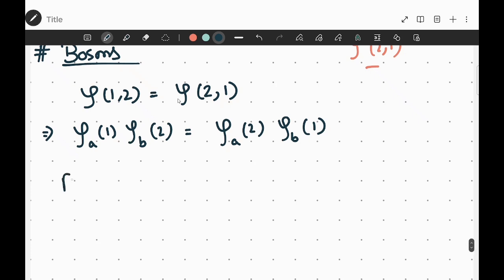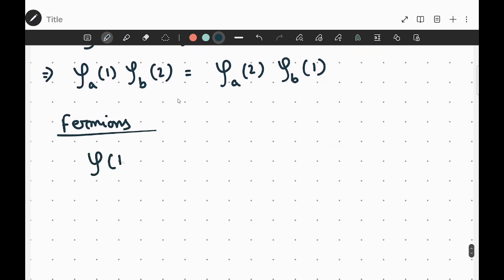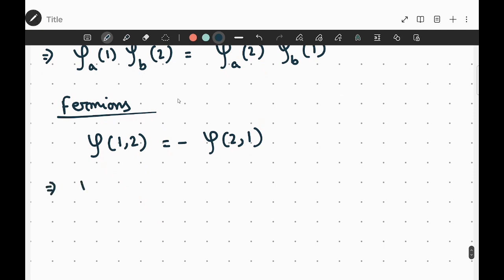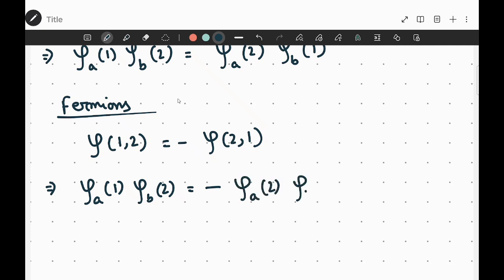But in case of fermions, psi 1 2 should equal minus psi 2 1. This should be followed. But now you can check whether it is correct or not.